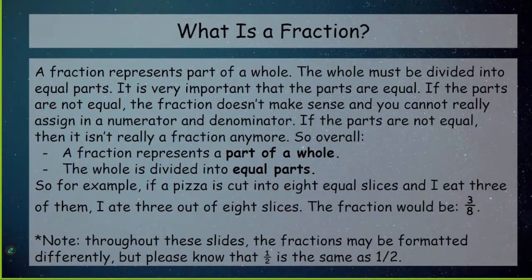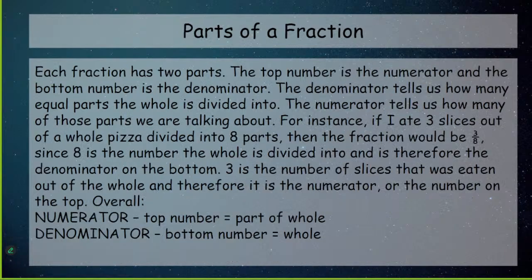For another example, let's say I have an apple, and I cut that apple into 6 pieces. If I eat 3 of the pieces, then that's 3/6. The fraction would be 3/6 because 6 is the amount that the whole is divided into.